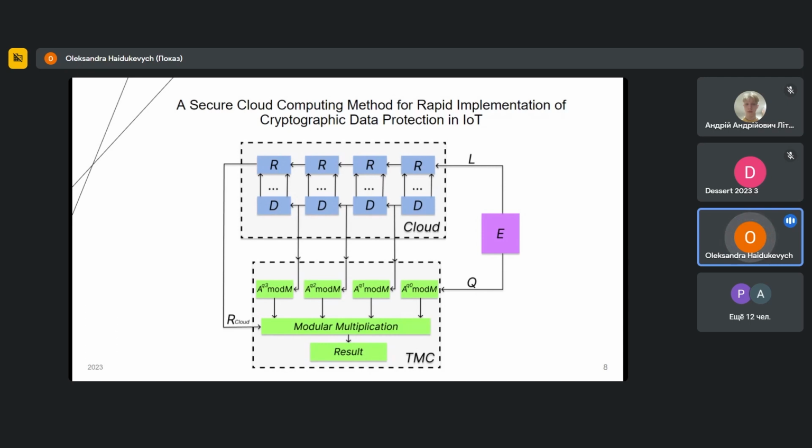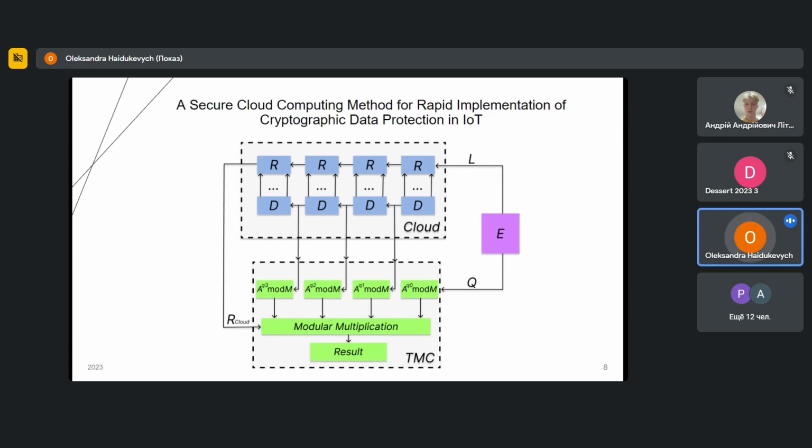The key innovation of the developed method lies in not processing just a single fragment of the exponent on the terminal microcontroller, but rather multiple fragments. To achieve this, once a certain number of bits have been processed, the cloud transmits intermediate values of D to the microcontroller. This enables the microcontroller to commence processing the partial exponent using the D values received from the cloud.